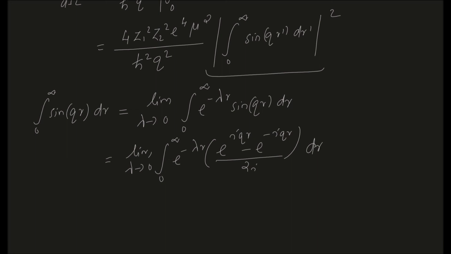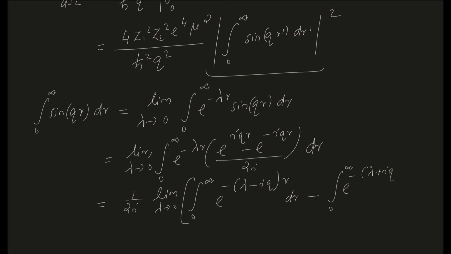So 1 by 2i can be taken outside. Now you can split it into two integrals. In one case, the integral from 0 to infinity of e raised to minus (lambda minus iq) r dr, minus again the integral from 0 to infinity of e raised to minus (lambda plus iq) r dr.